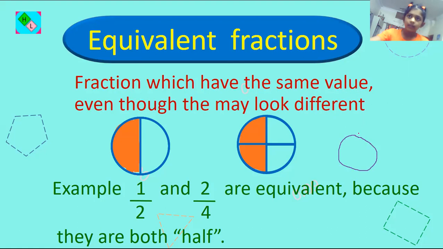I have 2 cakes, and I will divide the first cake into half and the second cake into 4 equal parts. From the first one, I have taken 1 part of the cake, meaning 1 by 2, and in the second cake I have taken 2 by 2.